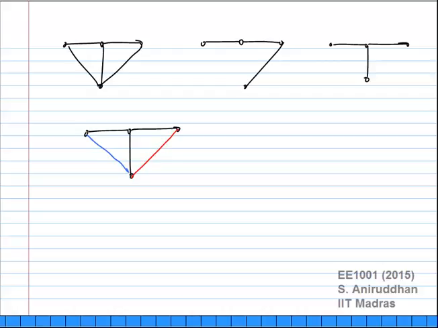Correct? The number of ways in which you can do this, are you able to see the color? I added this left arm, I added this arm and this arm. So these two are the two ways to complete the graph, or create loops, by adding in one extra branch to the tree.